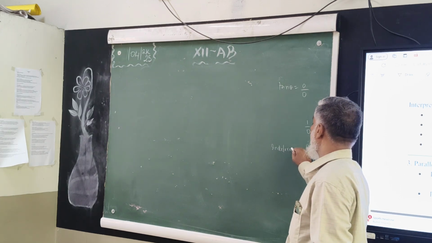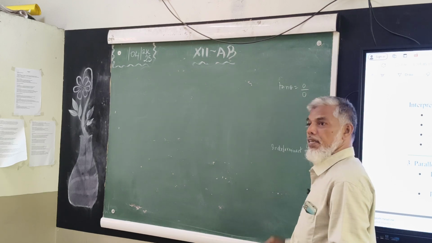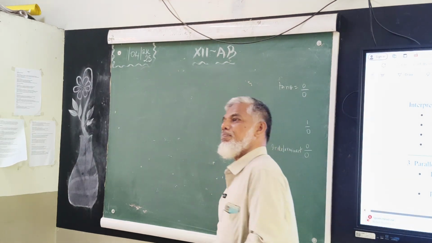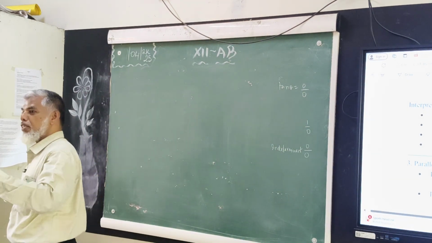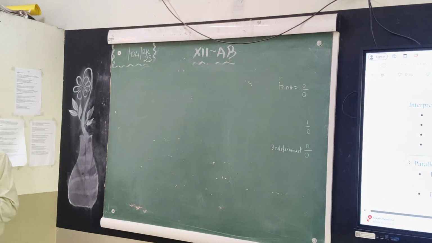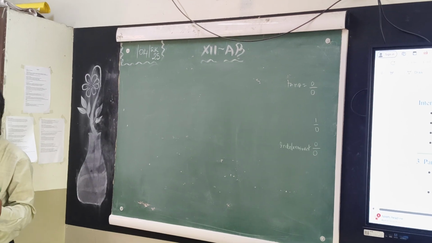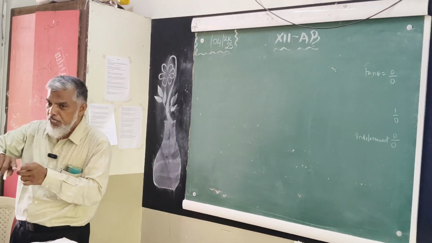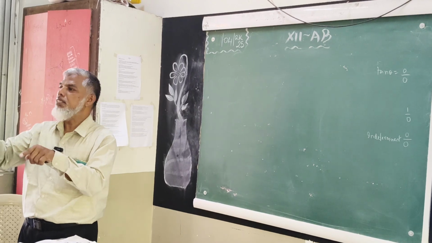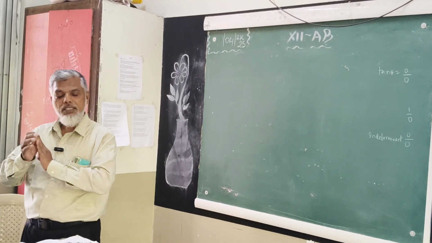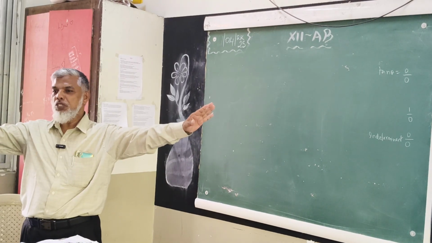Indeterminate, that means what? We cannot find the value. So whenever 0 by 0 is there, we cannot tell anything about it. We cannot determine. Indeterminate means the opposite of determinate. Therefore, tan theta cannot be in 0 by 0 form.